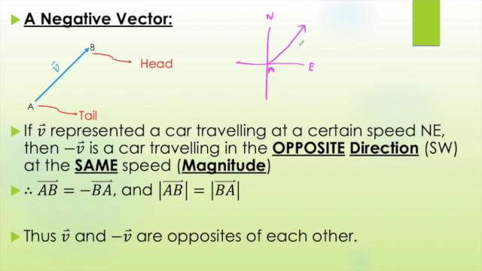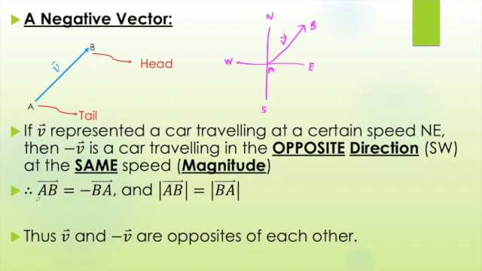Okay, this is A, this is B, or this is V. Then negative V is a car traveling in the opposite direction, southwest. Okay. So that would mean that it's traveling opposite. It would be going this way. Okay. That is going to represent the negative of it, okay? It's opposite direction, southwest, but at the same speed or magnitude.